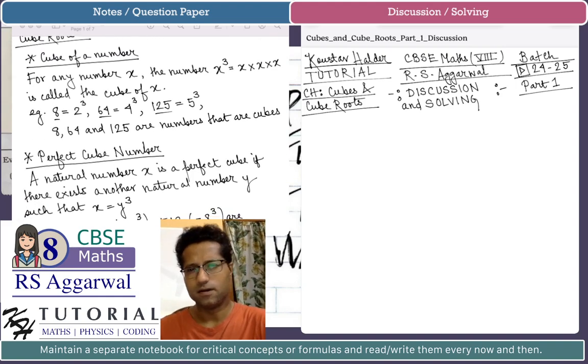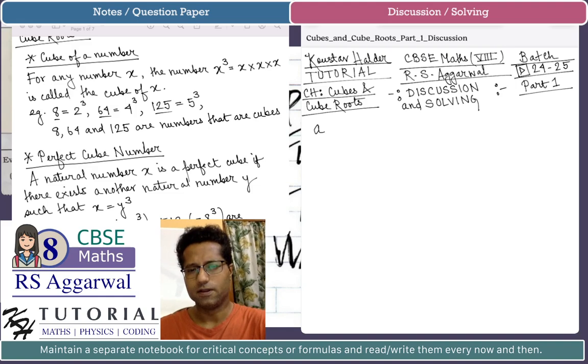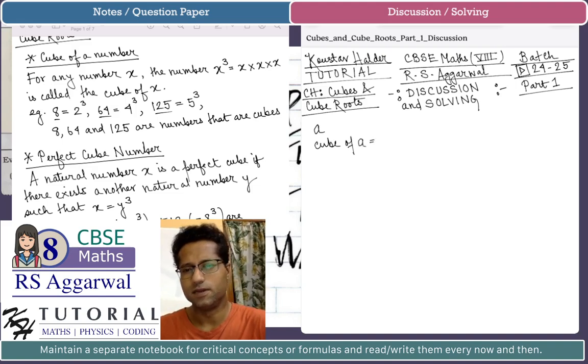So, if you have a number, let's say A, this number A could be an integer, a whole number, or a rational number. Then the cube of the number A is nothing but A multiplied by itself 3 times.